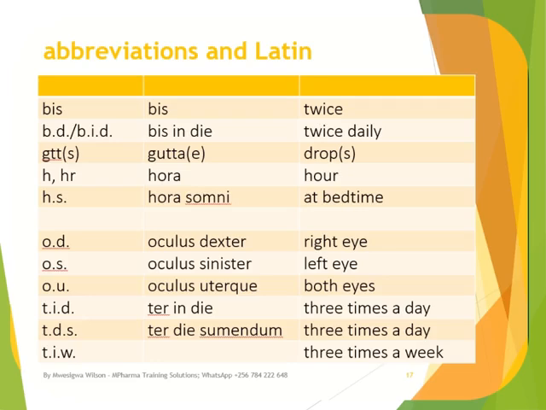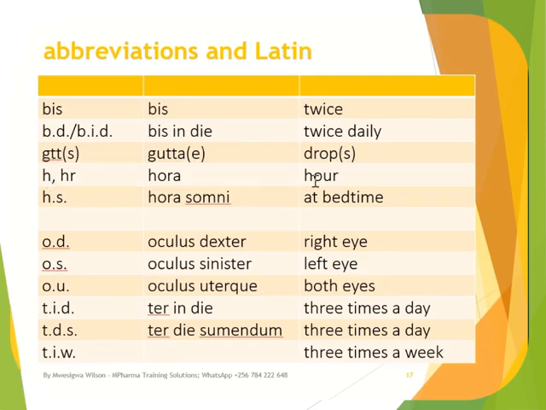So, for example, all of us know BID. It means twice a day. But where does it come from? It comes from Latin, bis in die. Bis means twice. GTT means drops or drop.